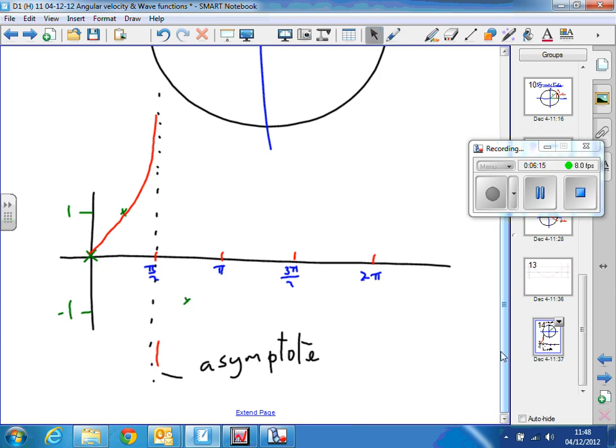So it comes back from infinity, goes through that point, and then reaches 0 again at pi, and then repeats.